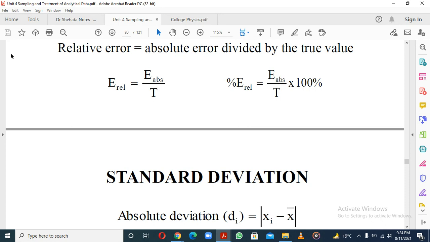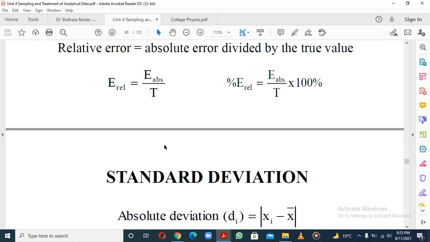So let's say the value that you found was 2 grams and the true value is 1 gram. When you subtract the two and make it absolute, it is going to be 1. So you are simply saying the absolute error that you found, 1 over the true value. Okay, let's make it, the error you found was 1 and the true value was 3, isn't it? So that's going to be 1 over 3.